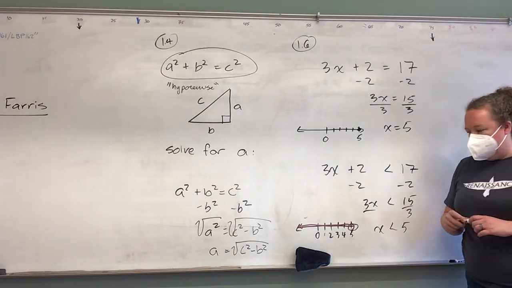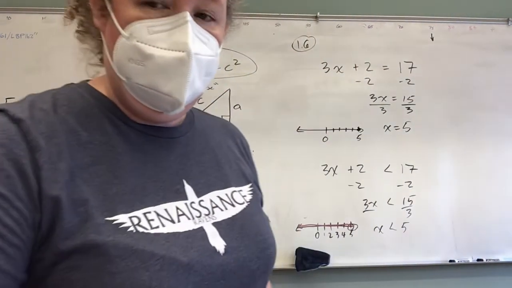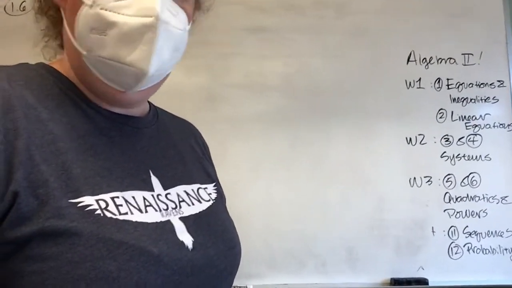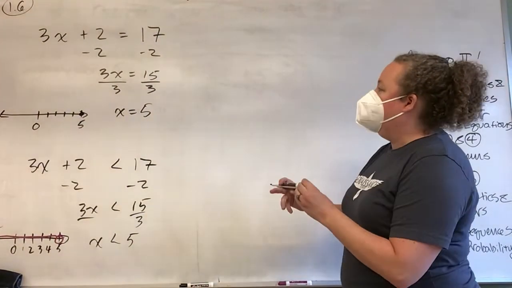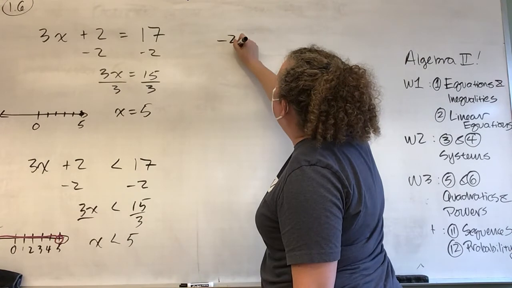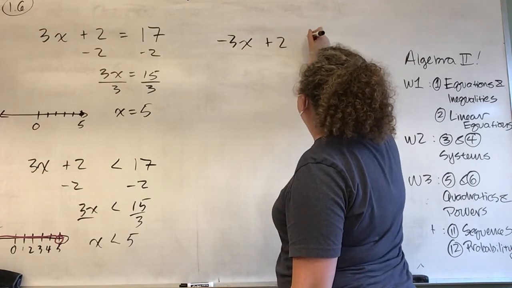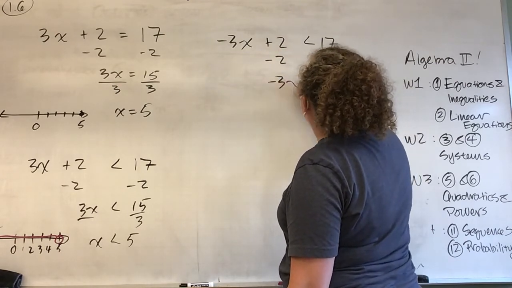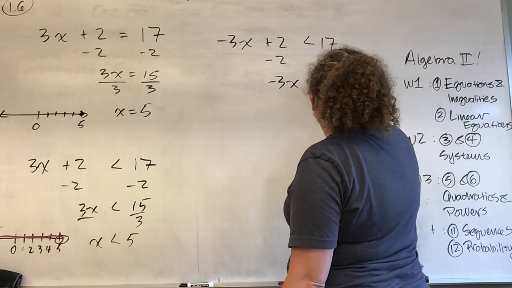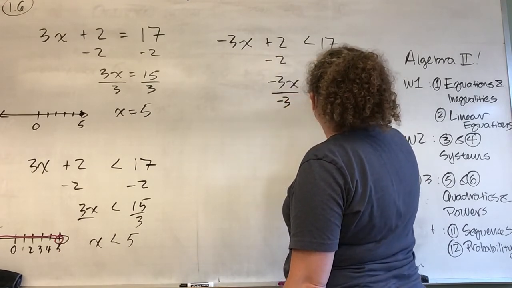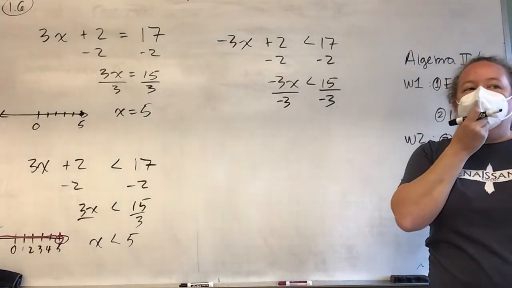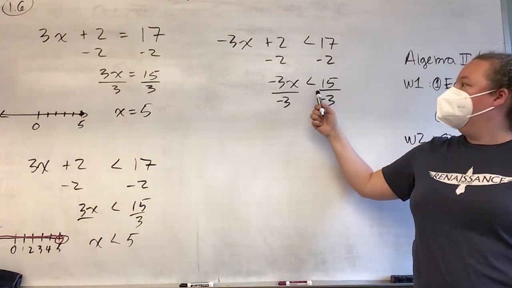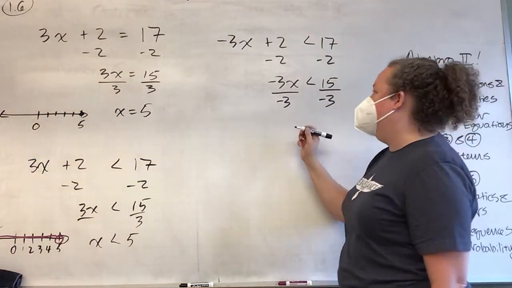Now, Gio pointed out something very important, which is a couple of caveats. All right. If it was negative 3x plus 2 is less than 17, I subtract 2, now I have negative 3x is less than 15. When I divide by negative 3, what happens to the inequality sign? It flips around, that's exactly right.